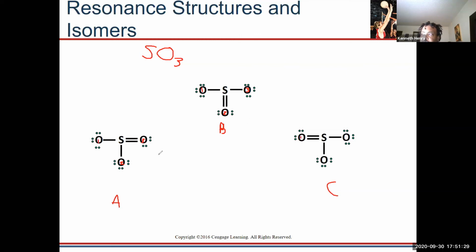So this guy and that guy are going to be slightly different. Here it doesn't seem to make too much of a difference because you have three oxygens. But if we had that fourth oxygen, where it was going to be located would actually make a huge difference, right? Okay. So that's just an example of a resonance structure.